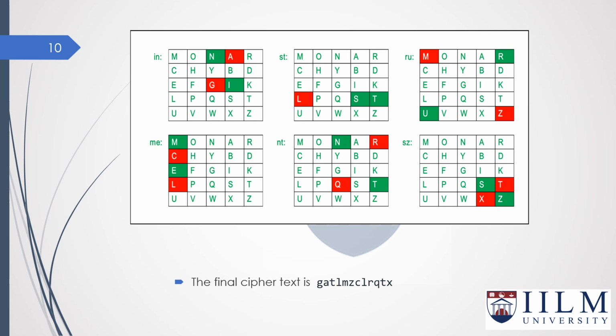Monarchy is the key and instruments is the message or plain text to be sent. Try this and you can get this type of ciphertext. And with the monarchy keyword, try another plain text.